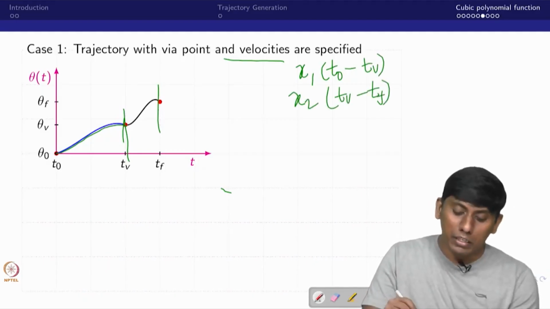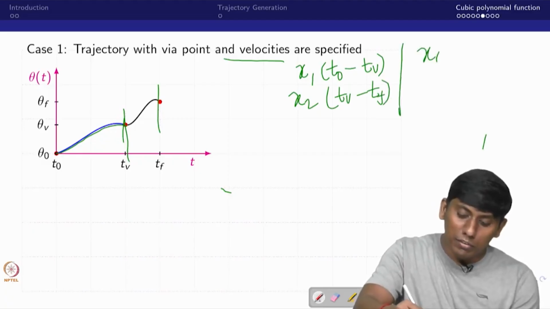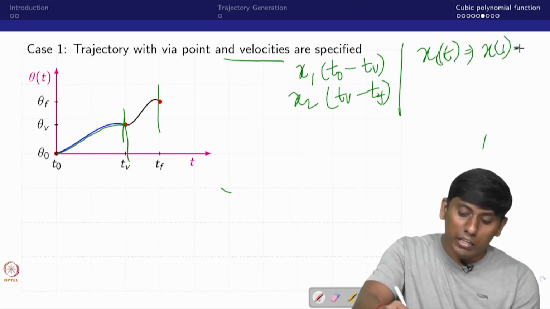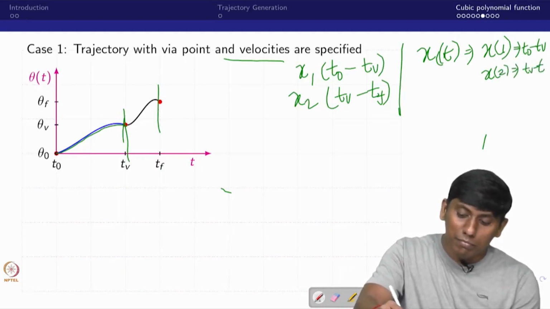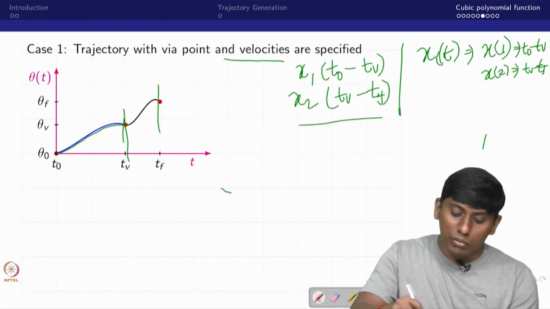So x of t would contain x1 for the first duration, T0 to TV, and x2 for TV to TF. Okay, so like that we can use it.